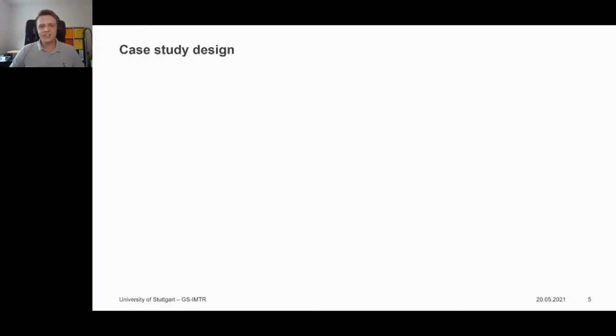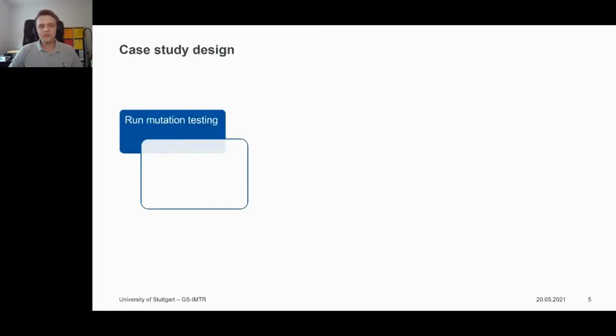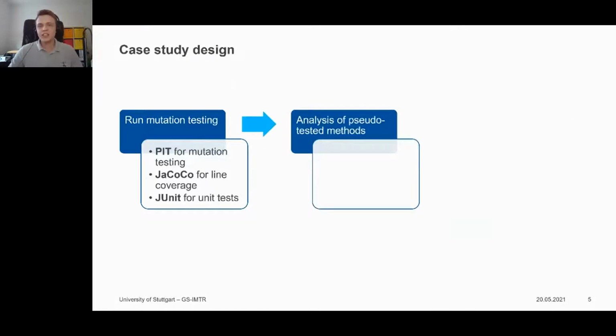So our case study design looks as follows. First we ran mutation testing. For that we used the tool PIT with the Descartes engine, which is very famous for Java applications. Then we used Jacoco to capture line coverage, and we used JUnit to run the unit tests. In the second step, we analyzed the reason why these methods were pseudo-tested. So we selected a subset of these methods by name, size, coverage, and return type.